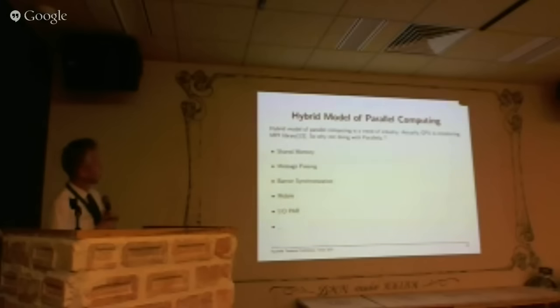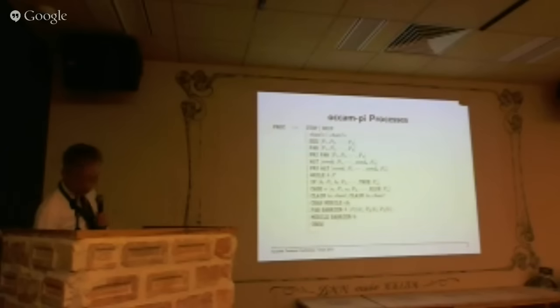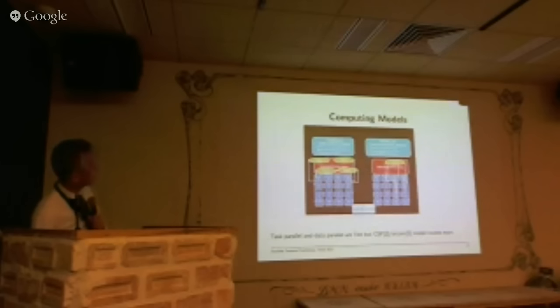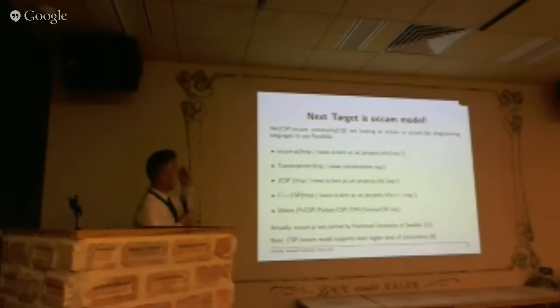How can we do it? Oh, sorry, coming back to it. Yes, one more thing. My target is to port the CSP Occam model to Parallella. It's a compiler called OccamPy, available from the UK site, University of Kent.